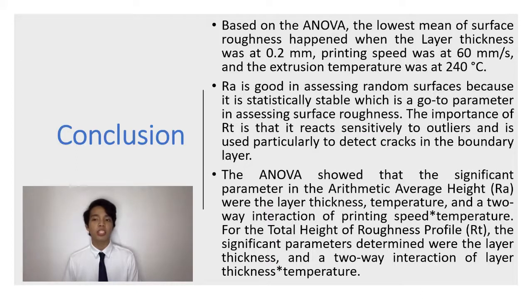It is good in assessing random surfaces because it is statistically stable. Since it was the go-to parameter when none is specified, it is available on even the least significant surface finishing measuring equipment. RT is basically the total height of the profile measured from the highest peaks to the lowest valleys.